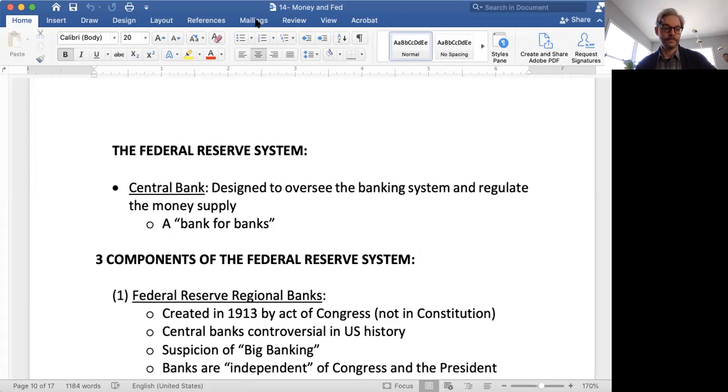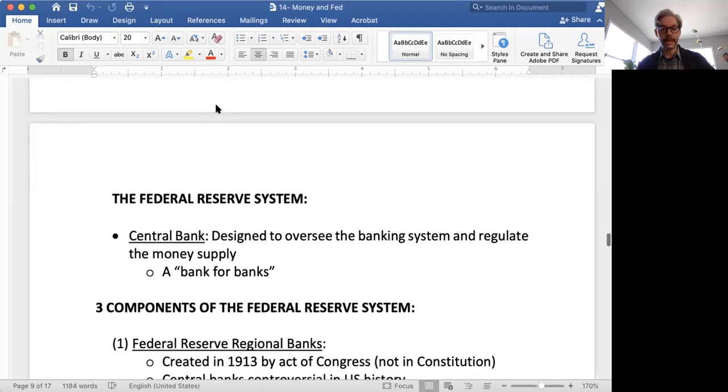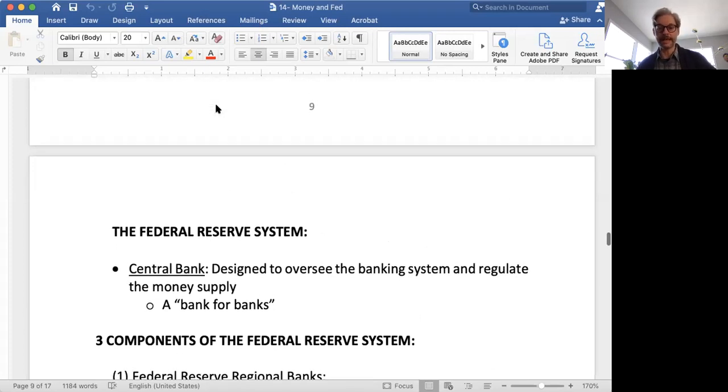Well, the more technical definition is that a central bank is an institution that oversees the banking system and regulates the money supply. But I think a more intuitive explanation is that a central bank is a bank for banks.